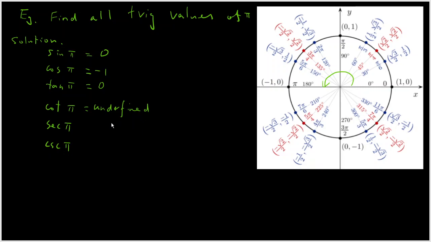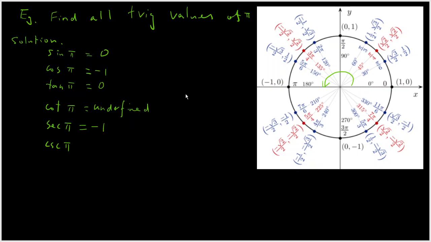Secant of pi, please. Secant of pi is defined in terms of x, y, and r. It's defined as r over x. R value is always 1. Anybody want to tell me secant of pi? Yes, -1.